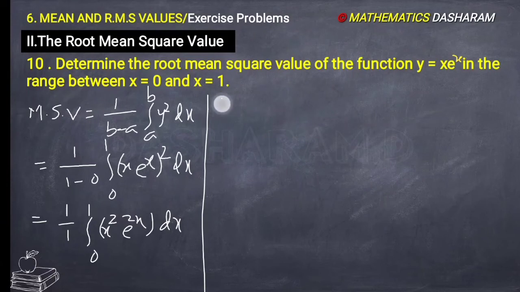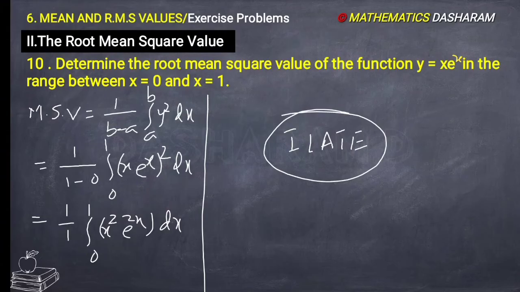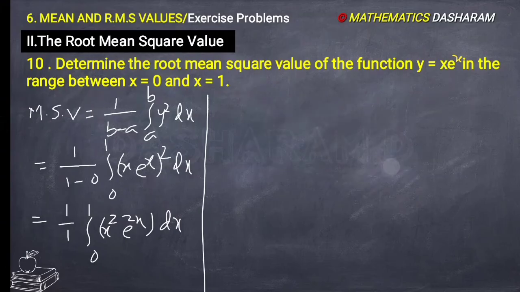In Bernoulli's rule, first the ILATE rule. First of all, check whether it is following ILATE or not. Here x square is an algebraic function, e power 2x is an exponential function. So here algebraic first, exponential second. So it is following the ILATE rule. Now use Bernoulli's rule.